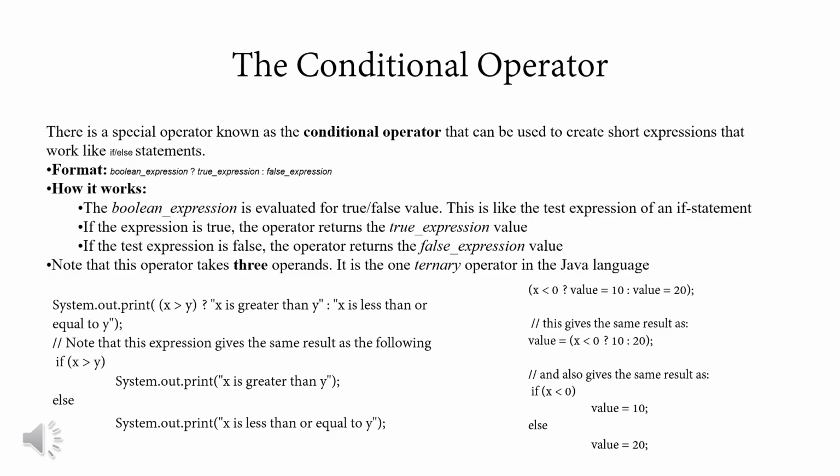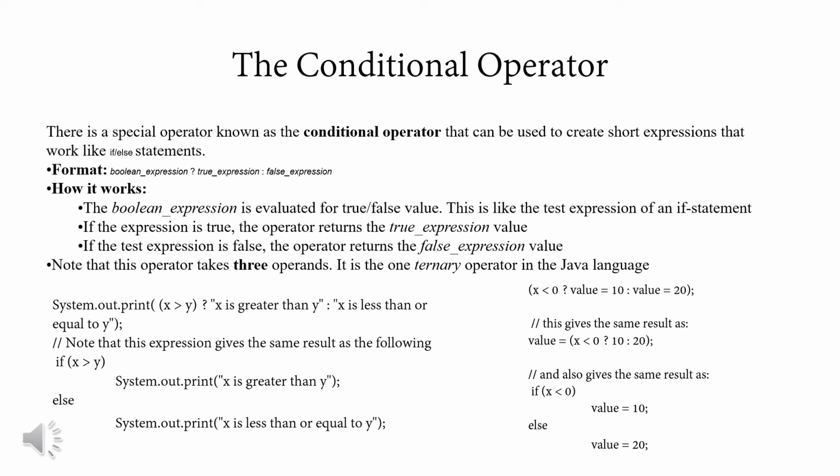In order to create a selection, we saw that we are able to use if, else if, right, and switch. There is another operator called the conditional operator that you can use, and it works completely the same as if else. Its format is: Boolean expression, question mark, true expression, and then false expression.